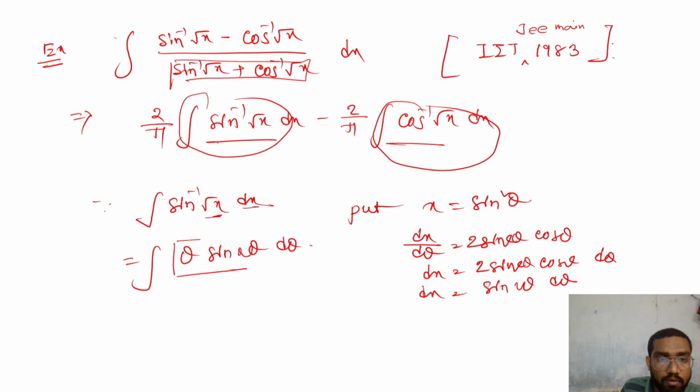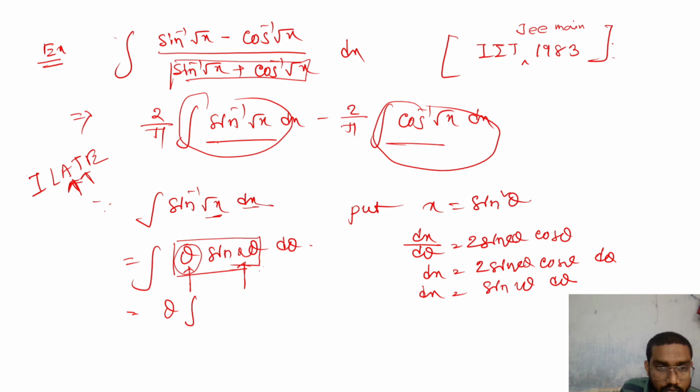So here it involves two functions, or more than one type of function, so we use by parts. This is an algebraic function and this is a trigonometric function. And the rule is ILATE. So algebraic, the letter A is first and then T, trigonometric. So we choose theta as the first function.